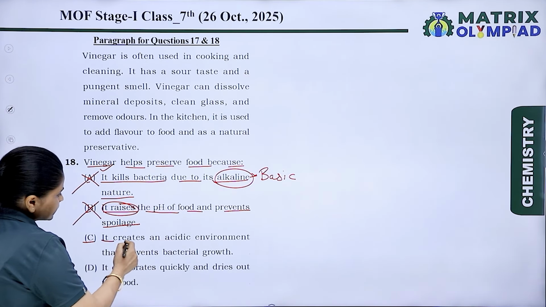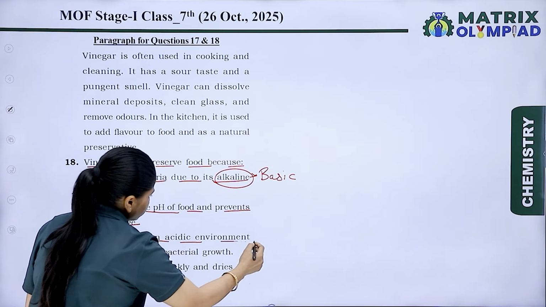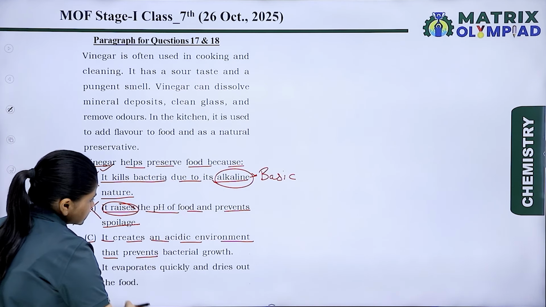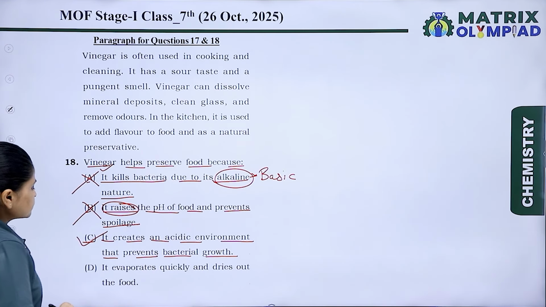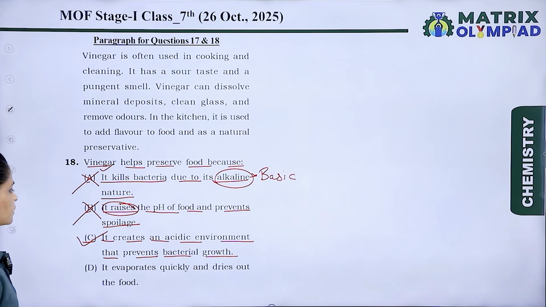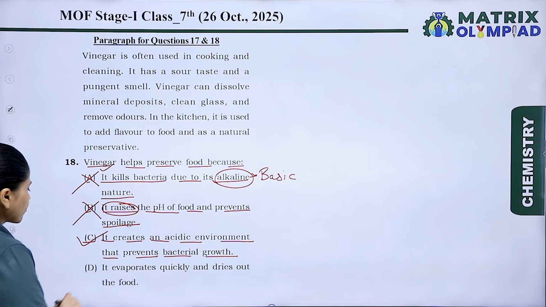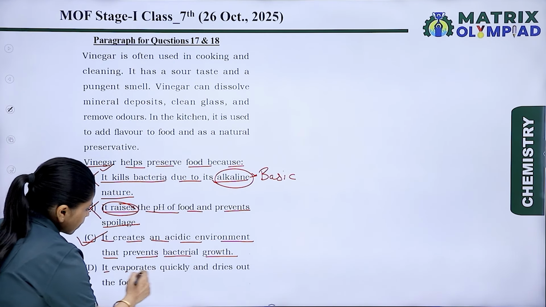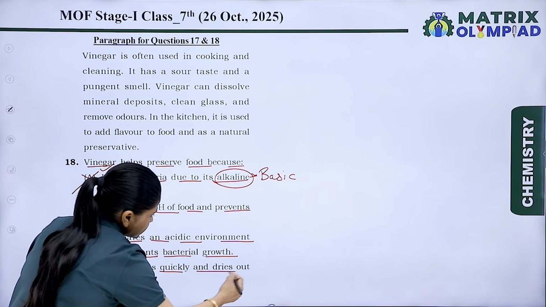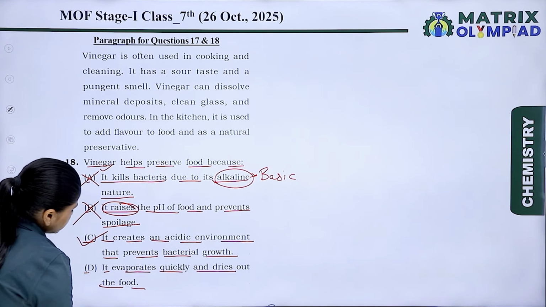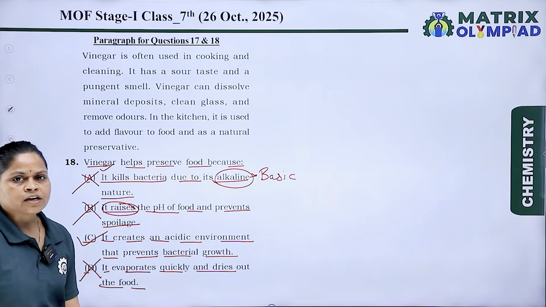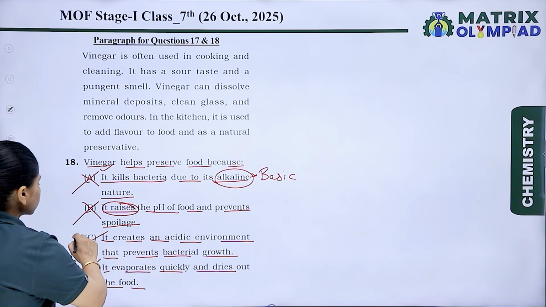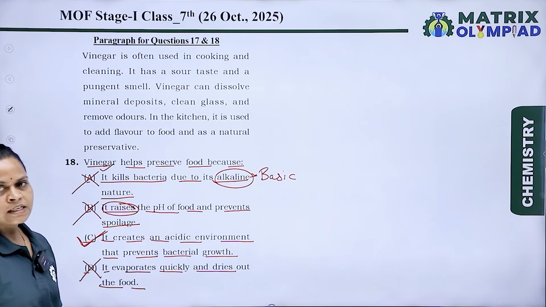Option C. It creates an acidic environment that prevents bacterial growth. Yes, this is absolutely correct. Option D. It evaporates quickly and dries out the food. No, this is again wrong and illogical according to the question. So the correct answer is option C.